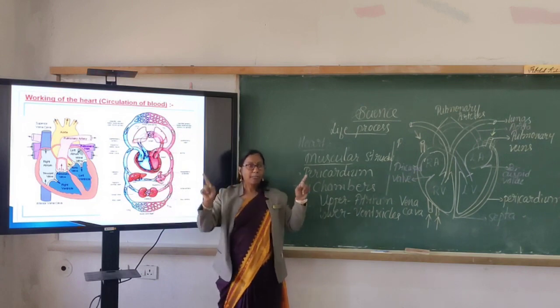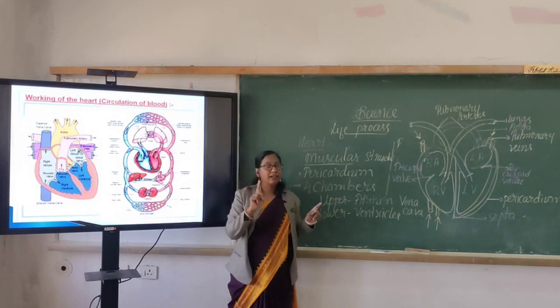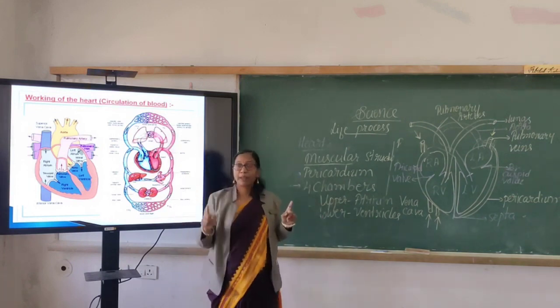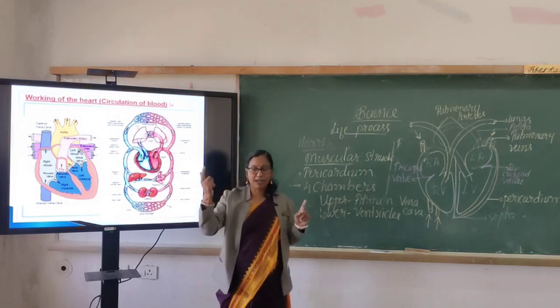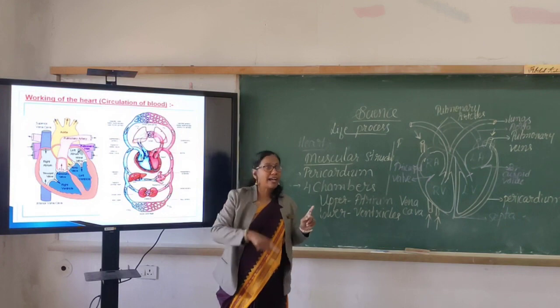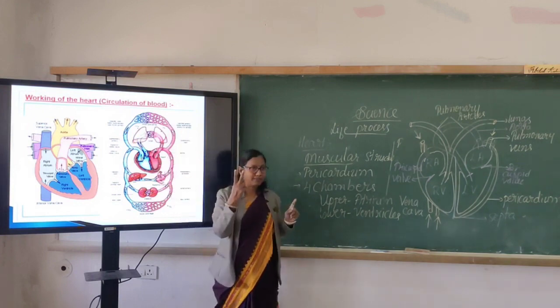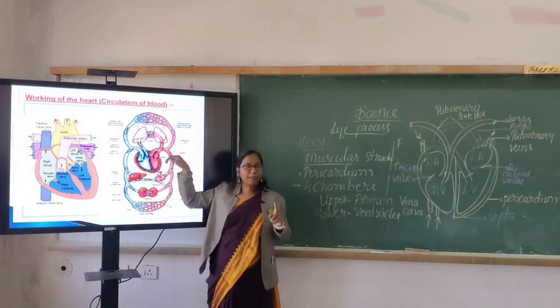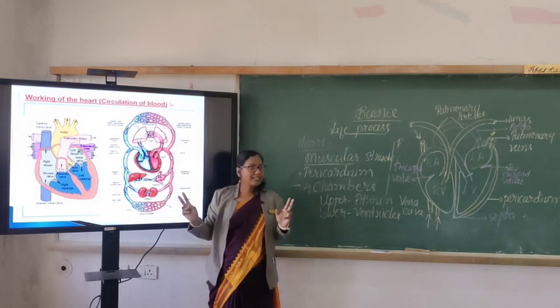So this is how, once oxygen is supplied and carbon dioxide is brought back to the heart, and from the heart to the lungs, the blood has to come to the heart 2 times. Correct? 2 times the blood has to come inside the heart and go back to the lungs as well as the cells.